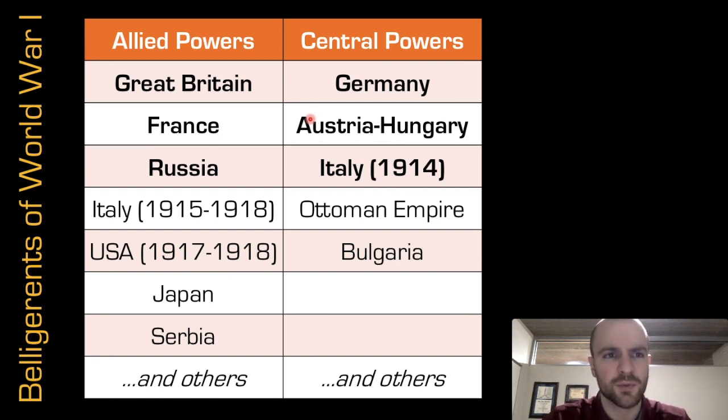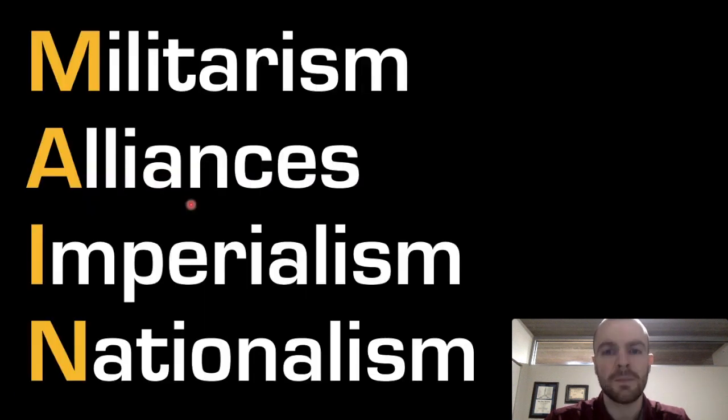We were under the impression this was a defensive alliance, that we were going to get involved on your side only if you were attacked. We didn't agree to be on your side if you go on the offensive, if you're the one declaring war. And so Italy ends up backing out of that alliance and joining the Allied powers instead in 1915.